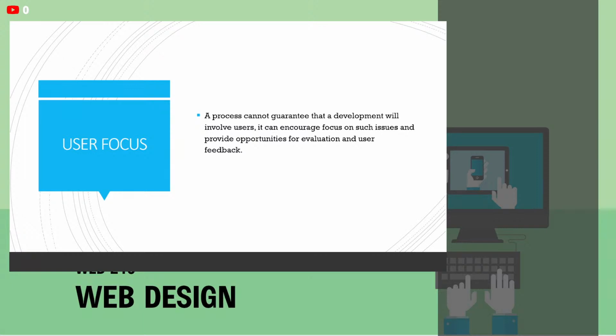So user focus, a process cannot guarantee that a development will involve users. It can encourage focus on such issues and provide opportunities for evaluation and user feedback. So what I mean by that is that you don't necessarily have the opportunity to get potential or current users in the design process, right?